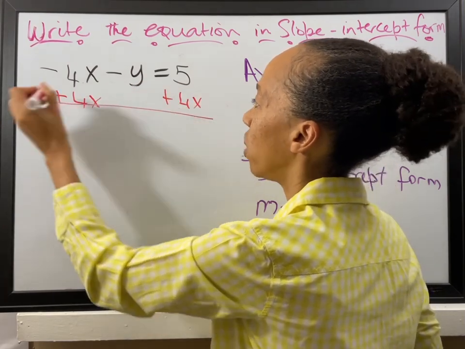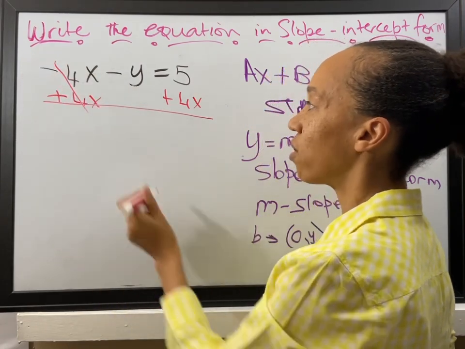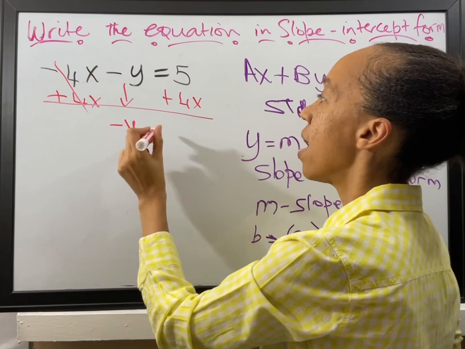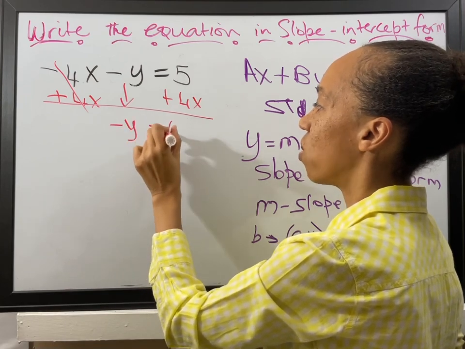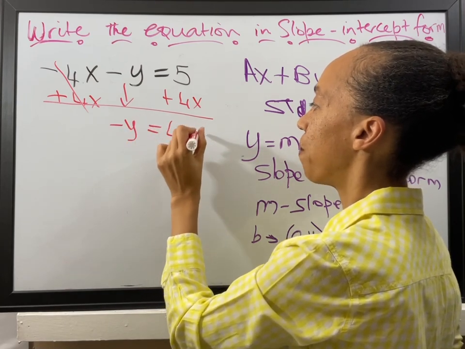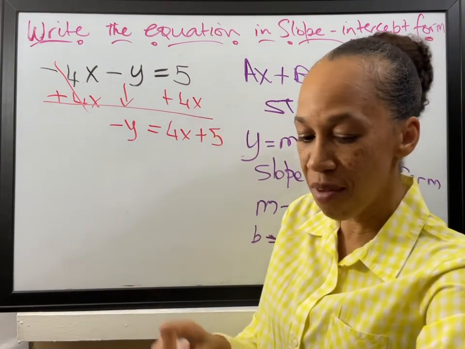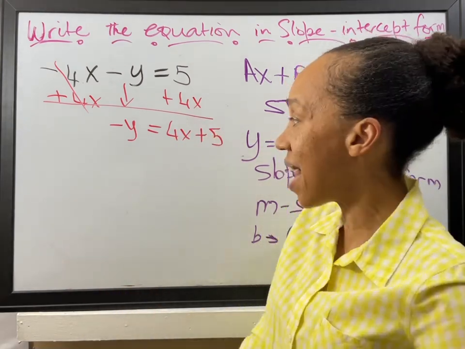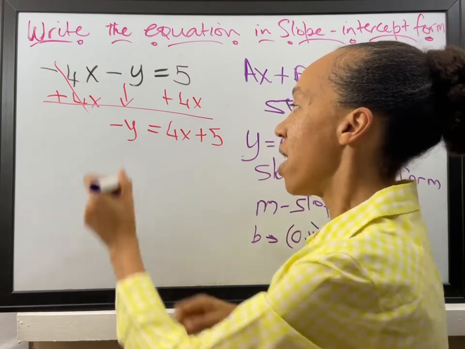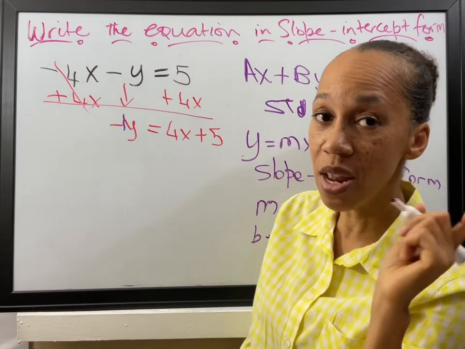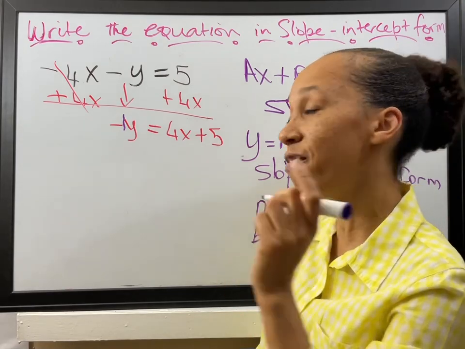When we have that, we draw a line. This is going to cancel out. Then we are going to bring down our negative y. And this is going to equal 4x plus 5. Now we have 4x plus 5. But guess what? That negative y there has an invisible one in front of it. And I always tell you, when you have a variable by itself, there's an invisible one there.